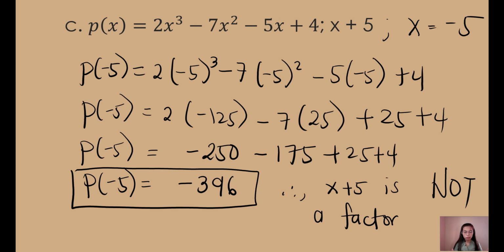So, kung 0 yung makukuha natin, ibig sabihin, yung ating binomial is a factor of the polynomial. Pero kung hindi siya 0, may remainder tayo, ibig sabihin, it is not a factor of the given polynomial.